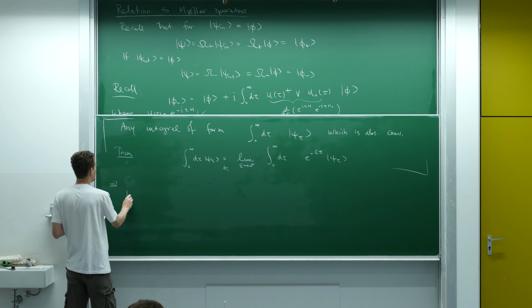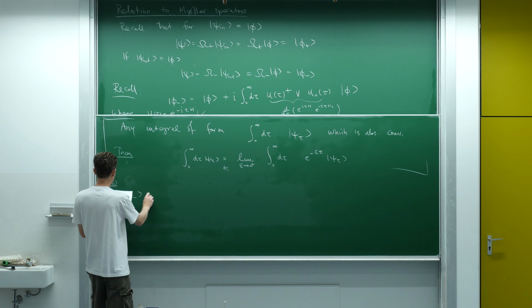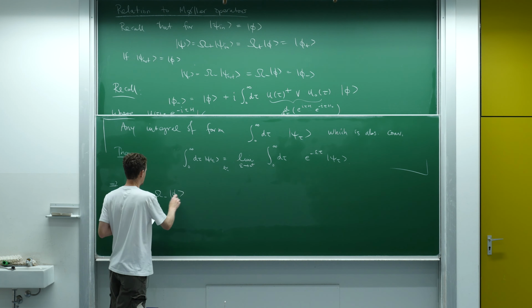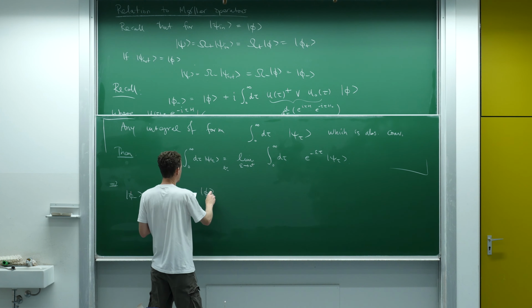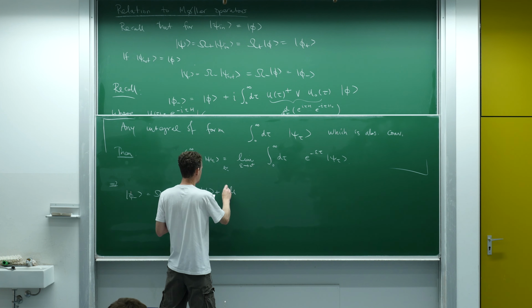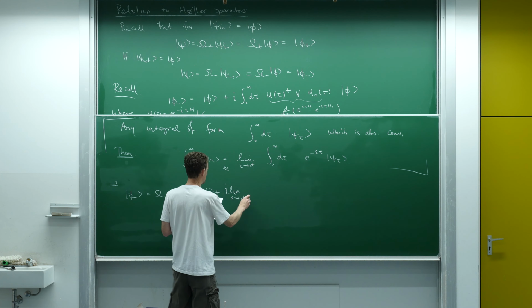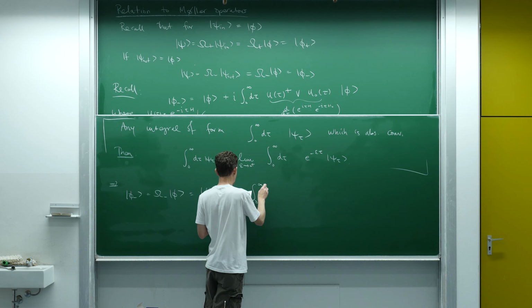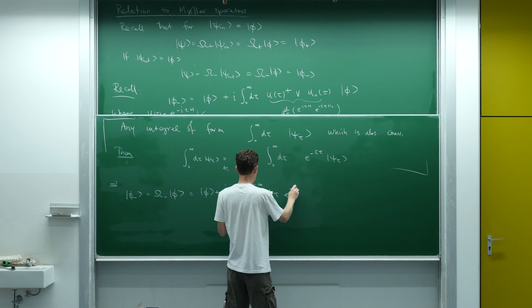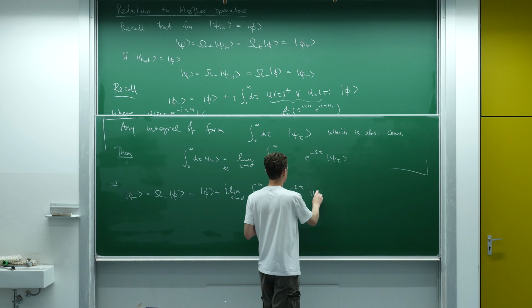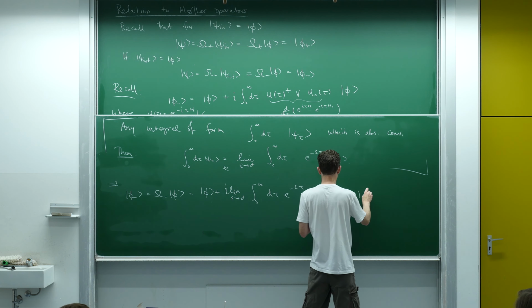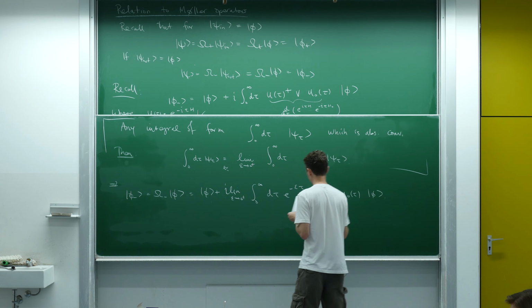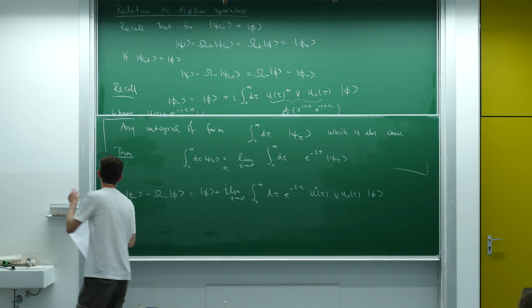We're going to exploit that in our integral for phi minus. So phi minus is omega minus on phi, and that equals phi plus I times the limit as epsilon tends down to 0 of this integral here.